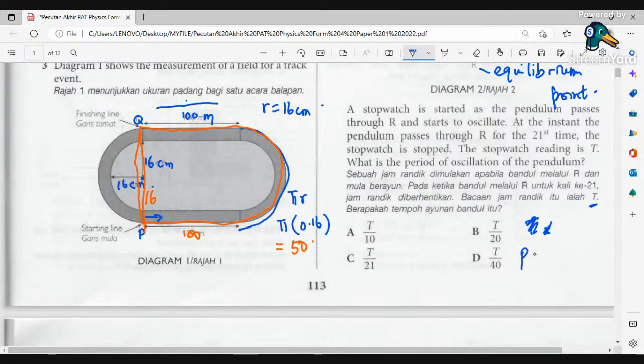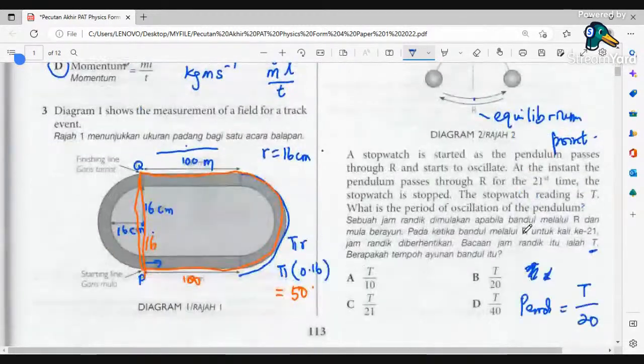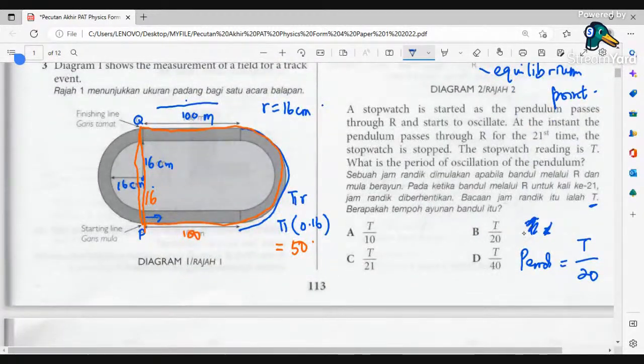So I just take period equals time taken for 20 oscillation divided by 20. So you will get the time taken for one complete oscillation. So this is just a definition, the definition for period.